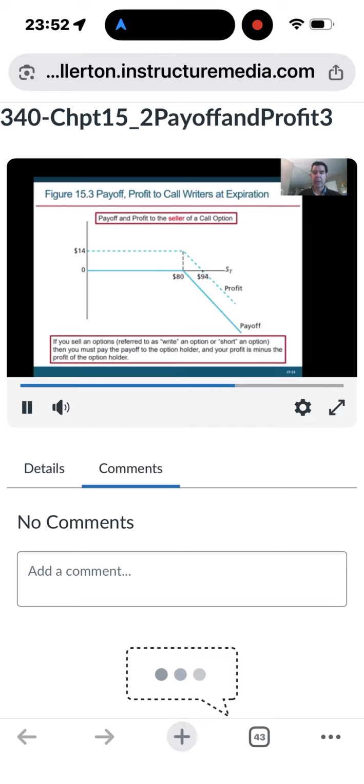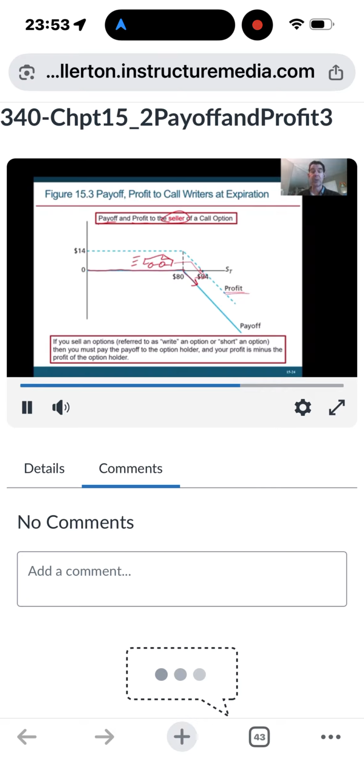Okay, so the payoff in the profit or loss to the seller of a call option looks like what? The payoff diagram now, before, if you had purchased the call option, you would have gone up a ramp. What happens here is you actually end up going down a ramp. So again, if you imagine you're driving along here, if you have sold a call option, what happens when you hit the strike price, you start going down a ramp. Okay? And then the profit or loss, what is that?